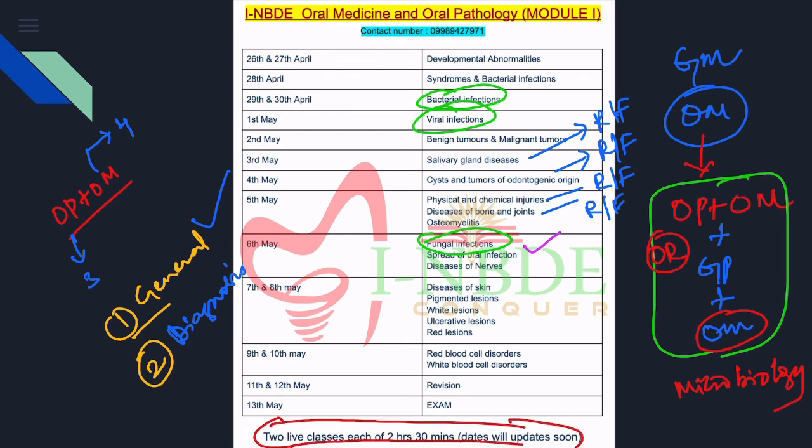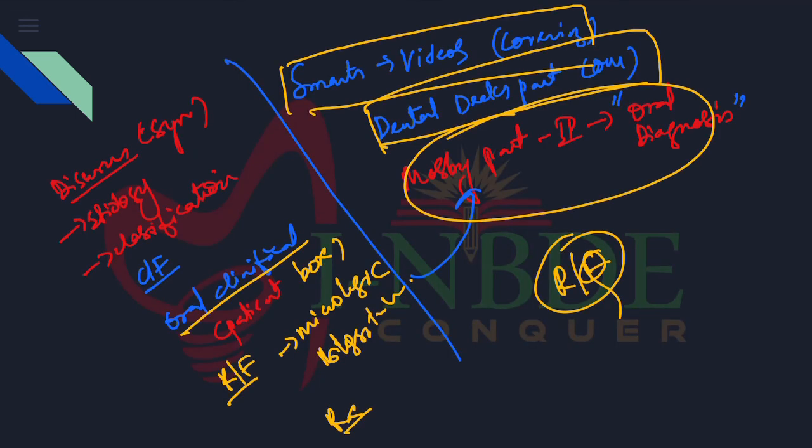The dates of these live classes will be updated very soon on the permanent groups of the integrated national board students. Mostly we will try to solve the patient box questions, and you'll get questions related to the recent things being asked in the exam. All those things will be covered in the RQs.